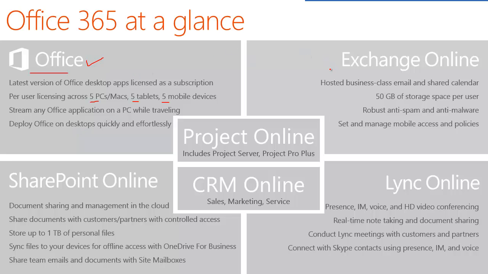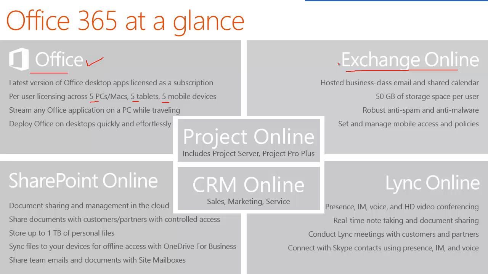The second piece of the Office 365 bundle is a product called Exchange Online. If you're running Office 365 today, you've probably originally purchased it thinking about moving to a better, cloud-based email environment.